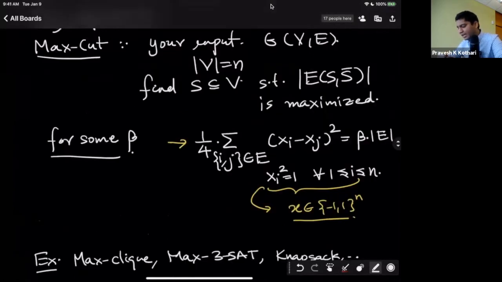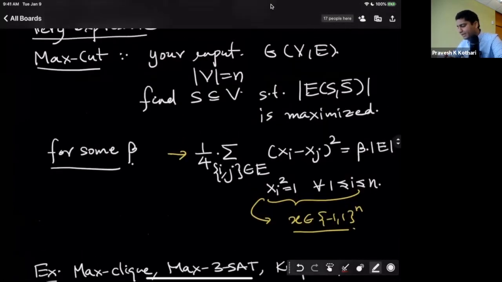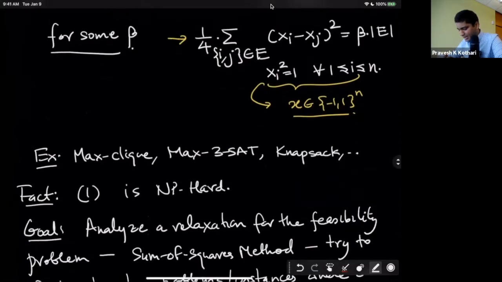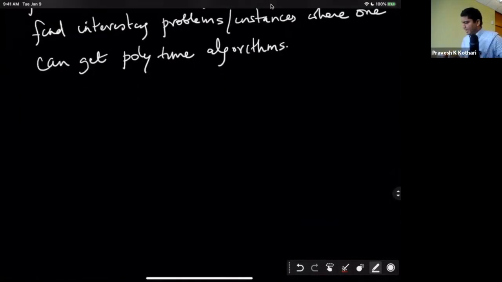But right now, my only goal was to specify that because it captures the max cut problem, in any reasonable interpretation, we'll end up with an NP hard question. All right. I have not told you what the sum of squares method is, but that's what the whole course is about.